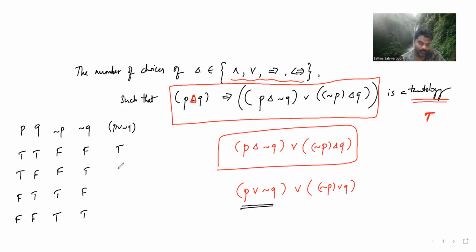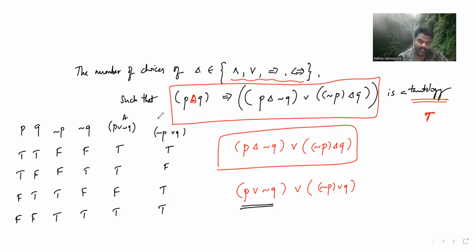True, true, false, true. Next, negation of P or Q. False or true, true; false, true, true.